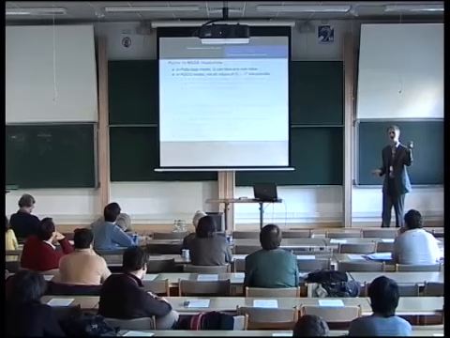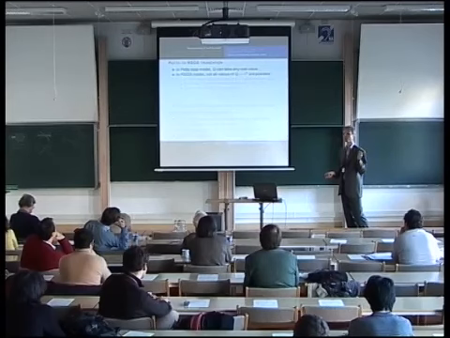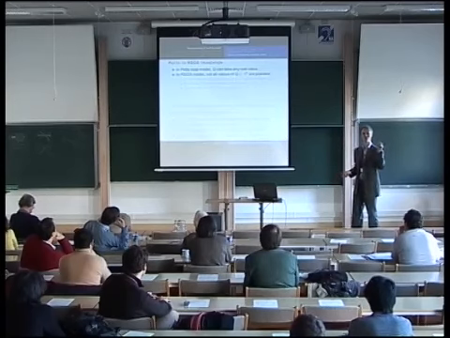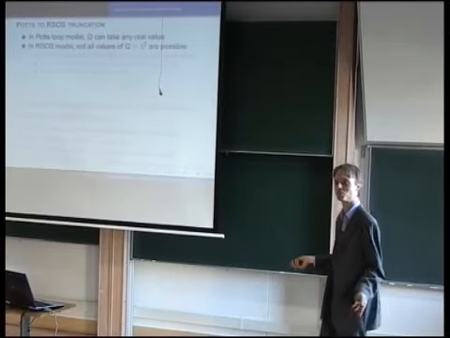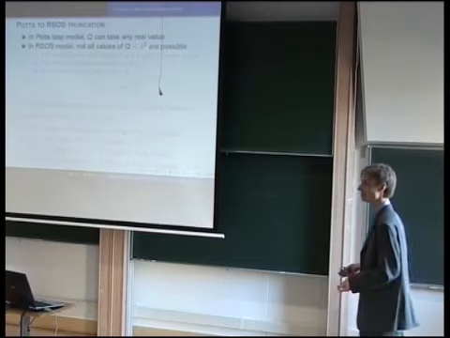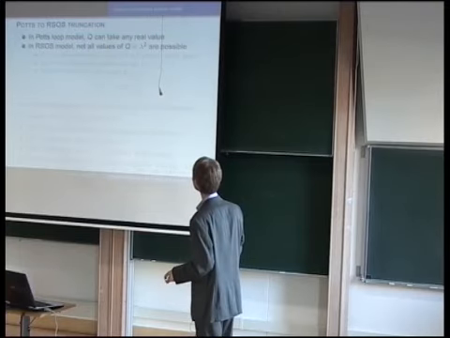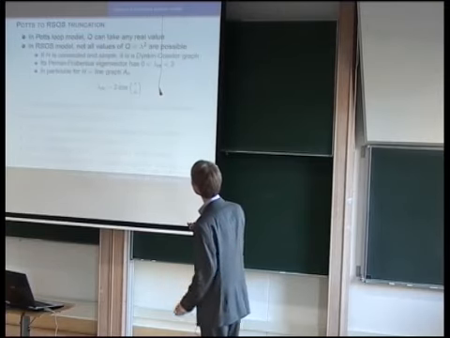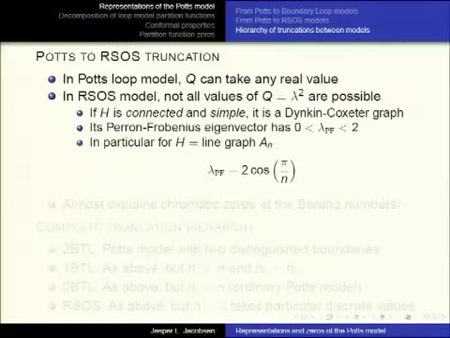So I can't just find an adjacency matrix whose largest eigenvalue is, for example, square root of pi. That would not be possible. So I can't have the pi state Potts model represented in that way. So it can be shown that if this target graph is connected and simple, it's necessarily a Dynkin-Coxeter graph.